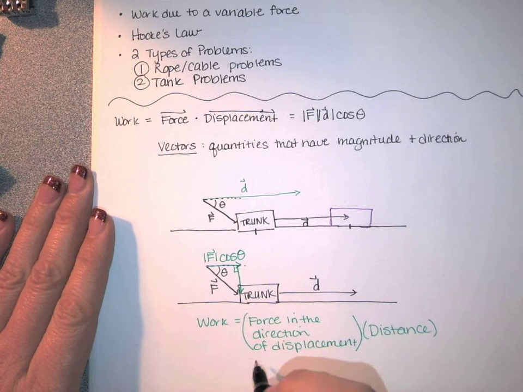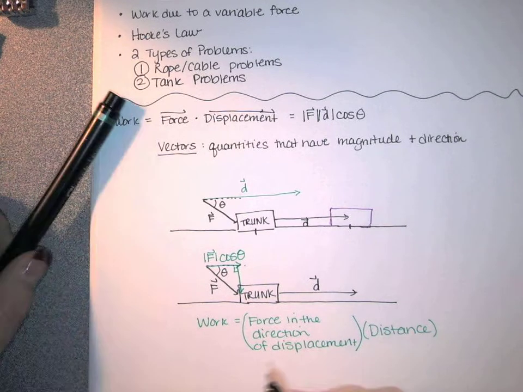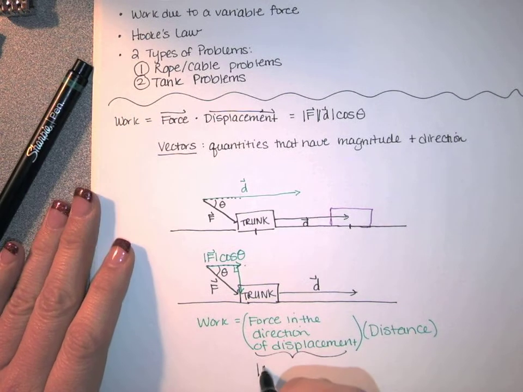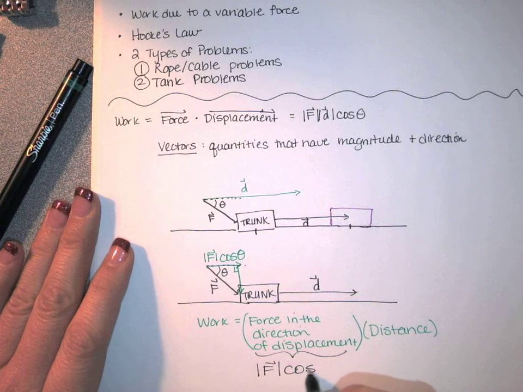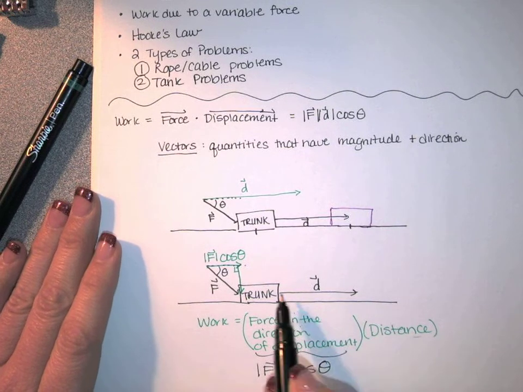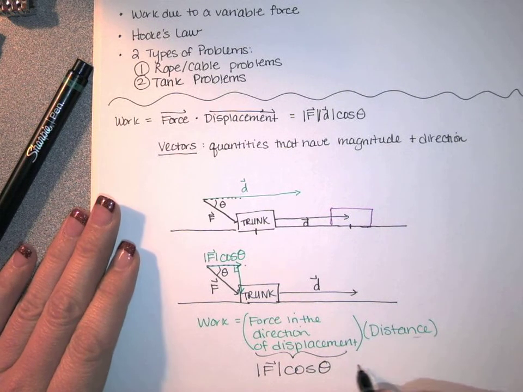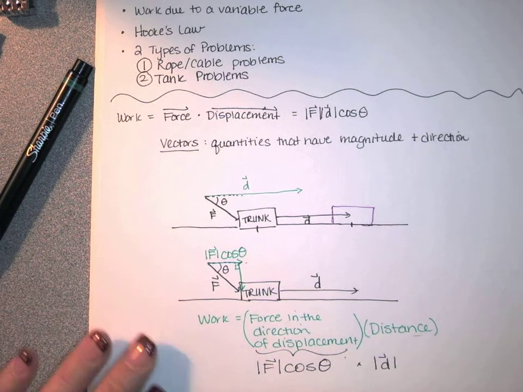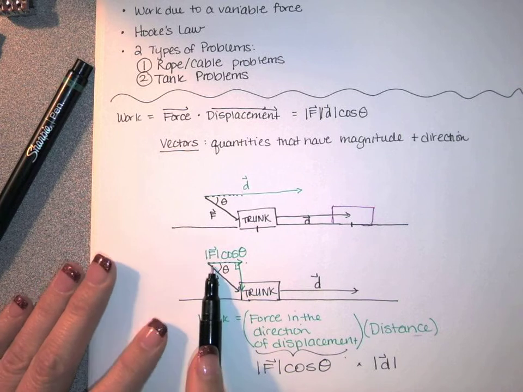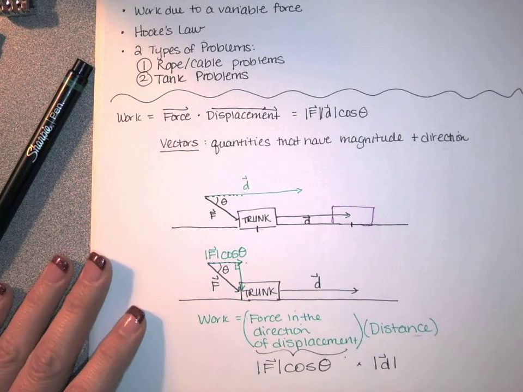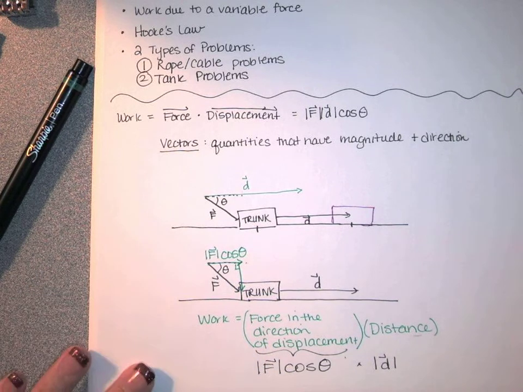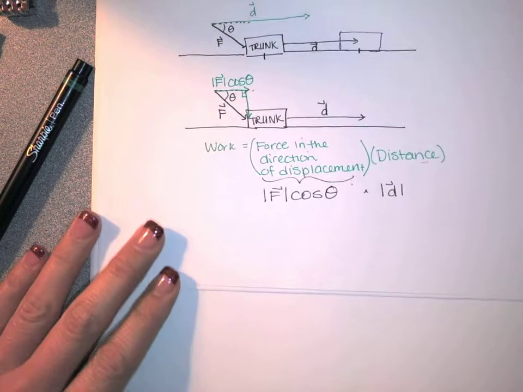And this is the magnitude of F times cosine of theta. And the distance, if we're traveling along a line like this, is just the magnitude of the displacement. So that's work. Now if my force is constant and my displacement is constant, I just multiply the two quantities together.